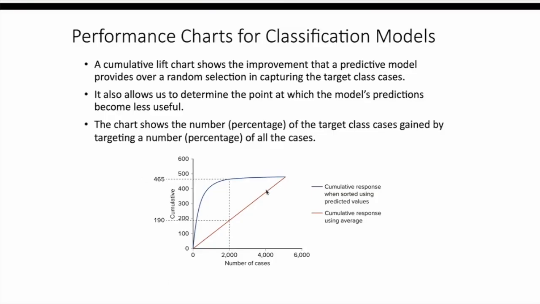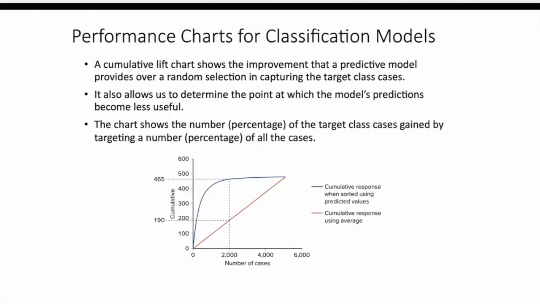The orange straight diagonal line represents the baseline model, where observations are randomly selected without using any model. The slope of the diagonal line is the number of class 1 cases divided by the total number of cases, or the probability of a randomly selected case belonging to class 1.